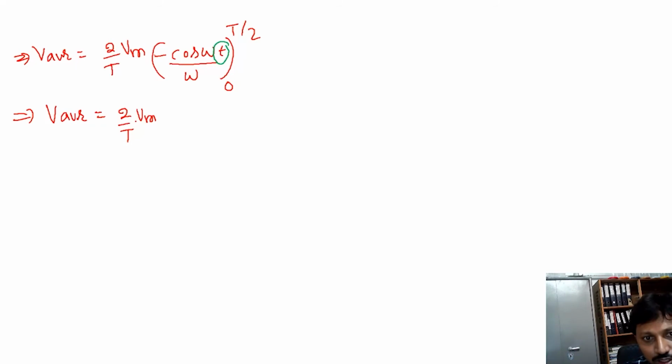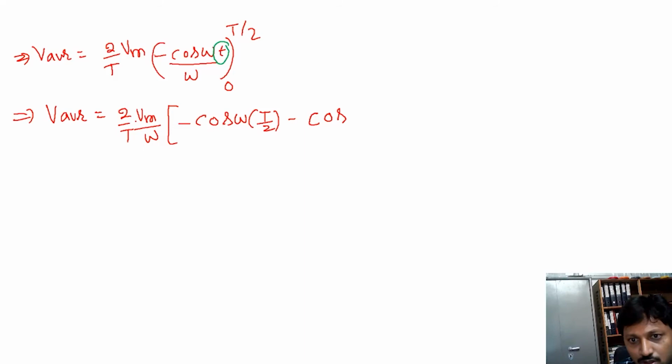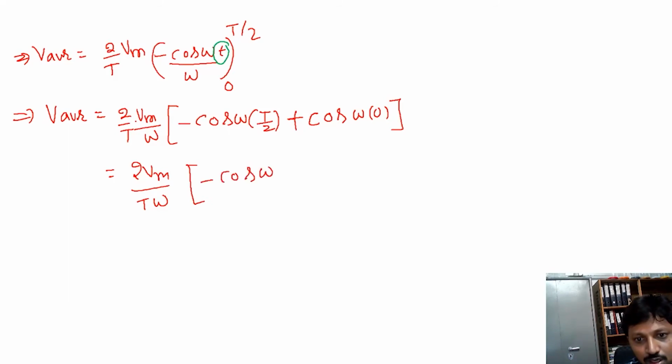So omega I can take outside. Minus cos omega into 0, and since there is already a minus, it becomes plus.